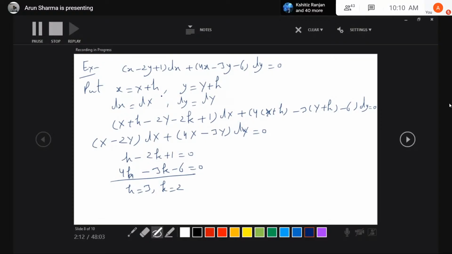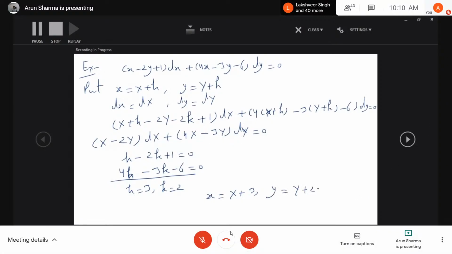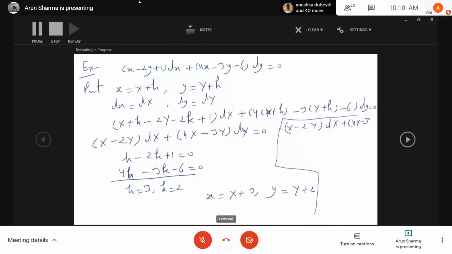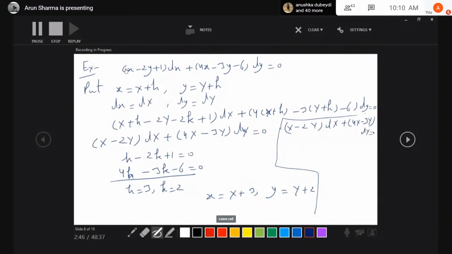So basically your substitution is x equals to X plus 3 and y equals to Y plus 2. Now your equation is converted into this form: (X minus 2Y) dX plus (4X minus 3Y) dY equals 0.